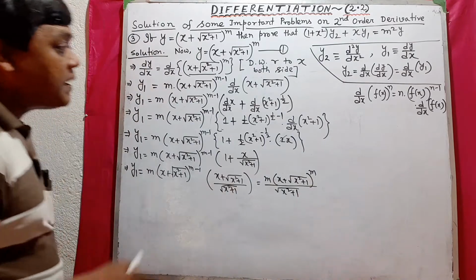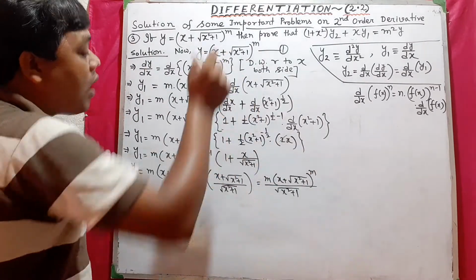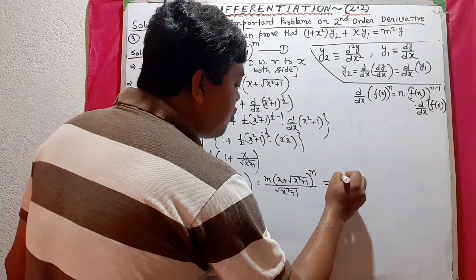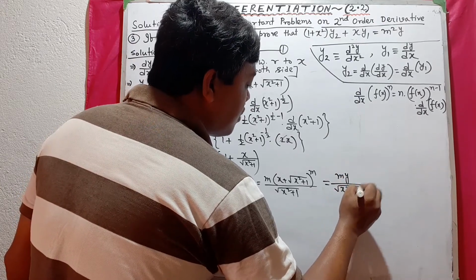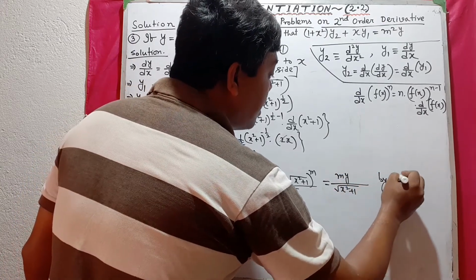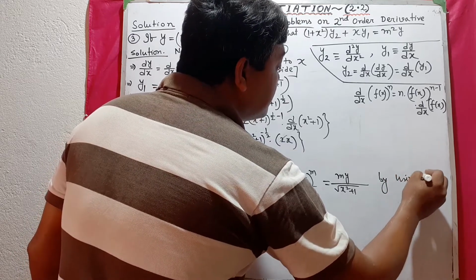So what is this? By equation 1, this part equals y. So m into y by square root of x square plus 1, by using equation number 1.